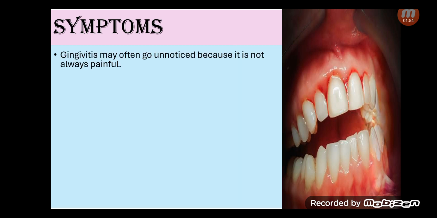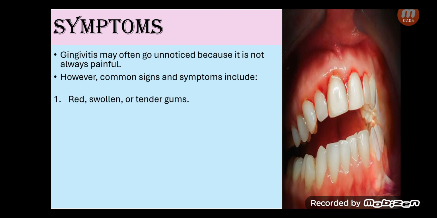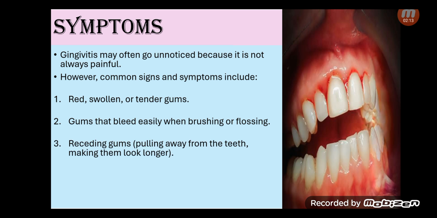Now let's talk about the symptoms of gingivitis. It is mostly unnoticed because it is not always painful until it reaches the severe stages. However, common signs and symptoms include red, swollen or tender gums. Gums that bleed easily when brushing or flossing is the characteristic symptom of gingivitis, and receding gums pulling away from the teeth, making them look longer, is also a symptom.